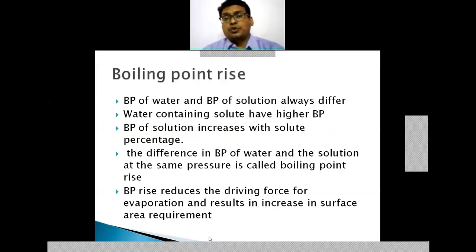So the boiling point of solution increases with the solute percentage, and as a result the difference in the boiling point of water and the solution at the same pressure is called the boiling point rise. This boiling point rise reduces the driving force for the evaporation and results in an increase in the surface area requirement.